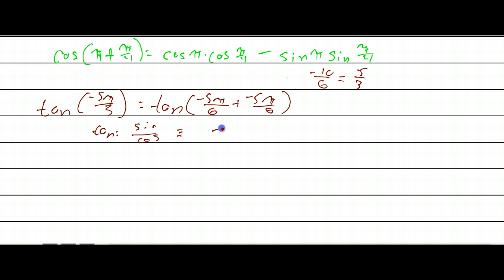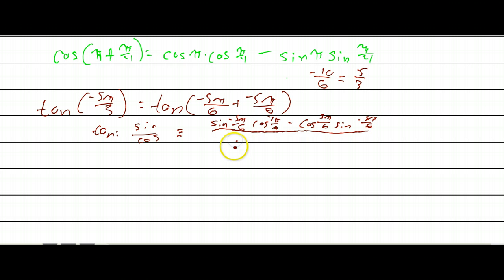So it's going to be sine of negative 5 pi over 6 times cosine of 5 pi over 6 minus the difference of it, cosine of 5 pi over 6 times sine of negative 5 pi over 6.